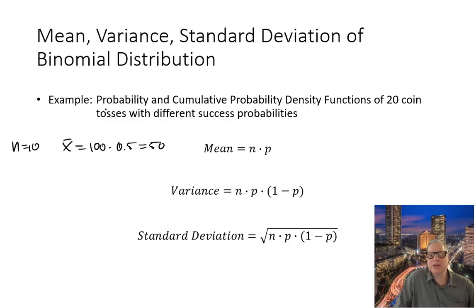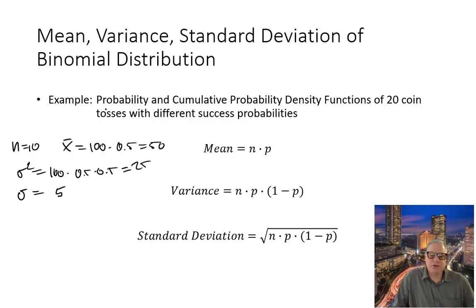Then the most likely outcome is 50 heads. The variance would then be 100 times 0.5 times 0.5, so that would be 25, and in this case the standard deviation, which is the square root, would be 5.